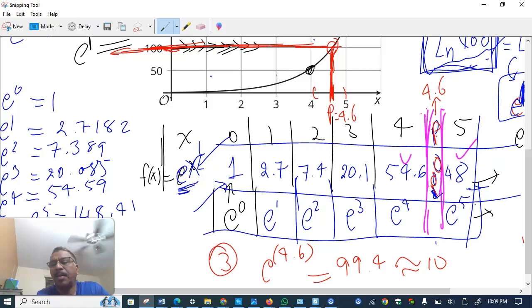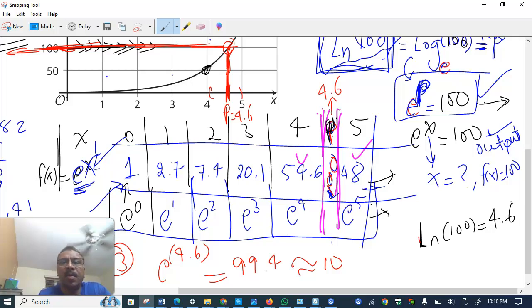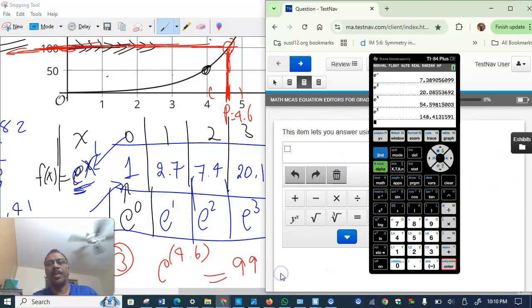Okay, so this p is 4.6, and you can also check what is ln of 100 on the calculator, and you'll see this is 4.6. Let's see whether it is really true. If we click on ln right here and put 100 and close it, you get 4.6.